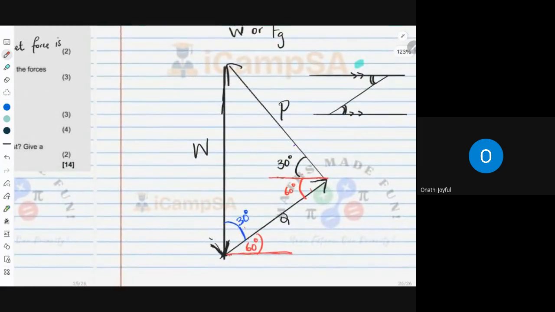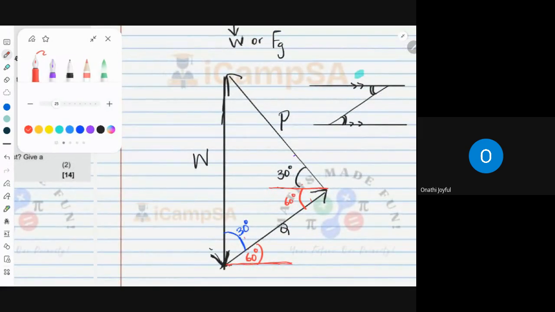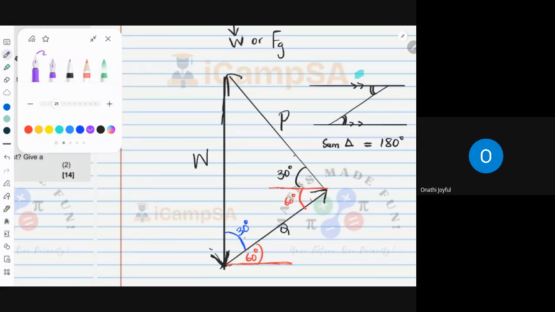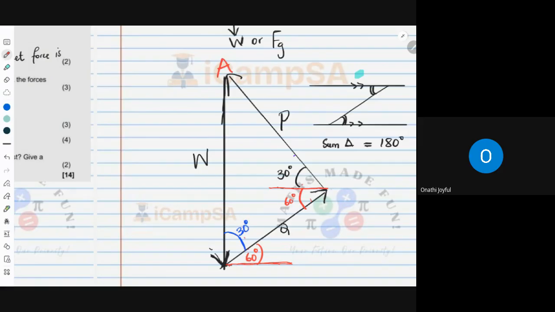So remember that rule that says the sum of angles in a triangle should give us 180. Let me name these angles: angle A, angle B, and angle C. If I say A plus B plus C, I should get 180 degrees.